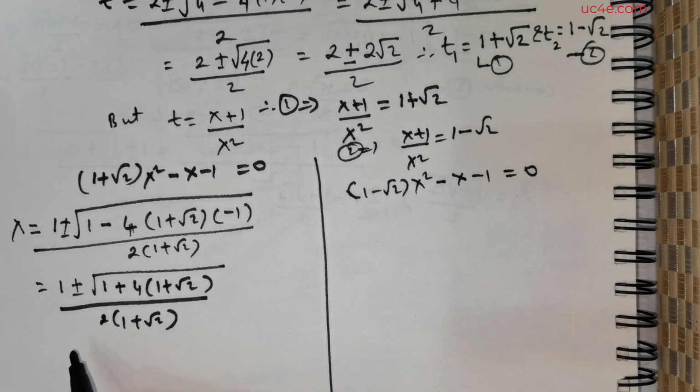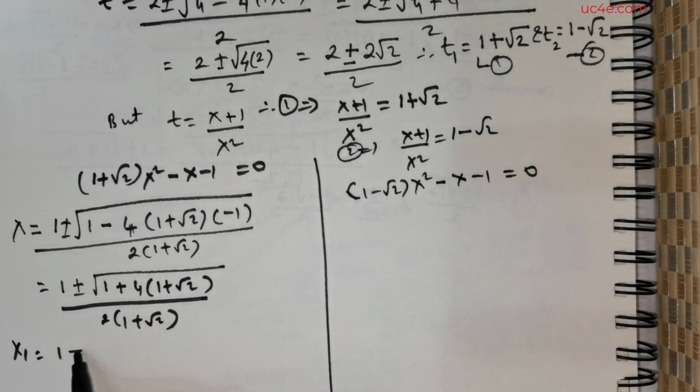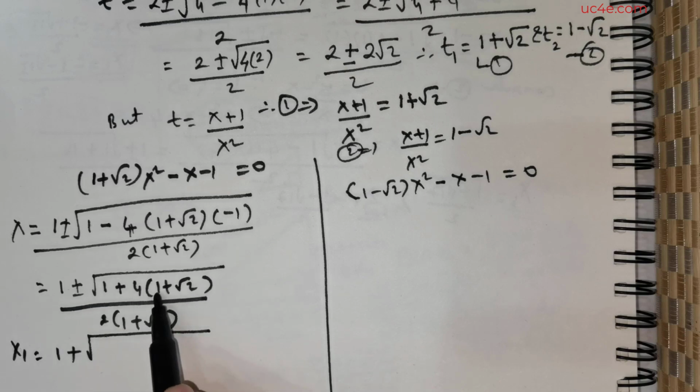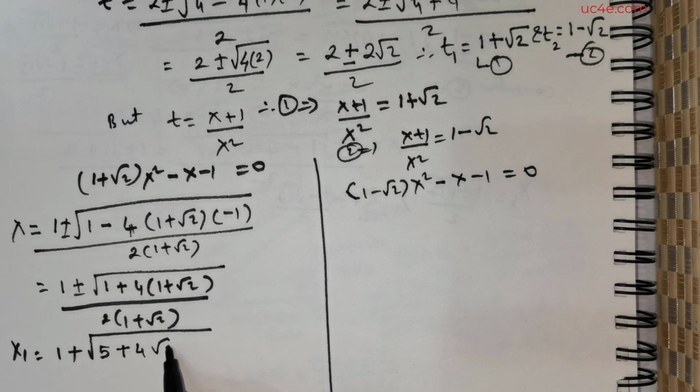Now clearly you can see that two roots are here. x1 is equal to 1 + √(4 times 1 is 4, you can add it here, it's going to be 5 + 4√2) divided by 2(1 + √2).